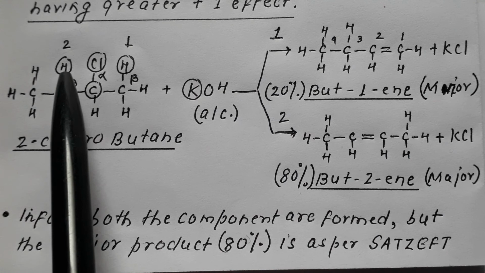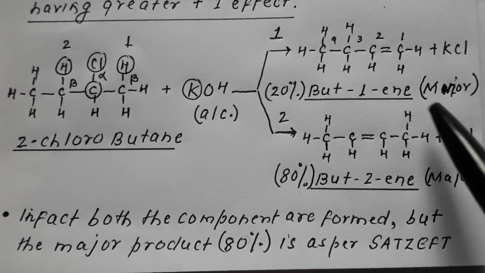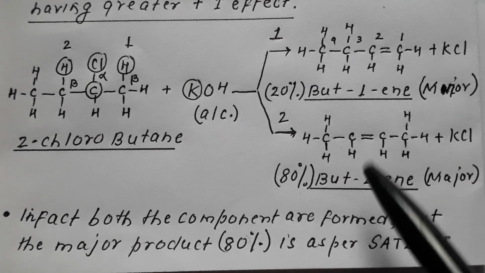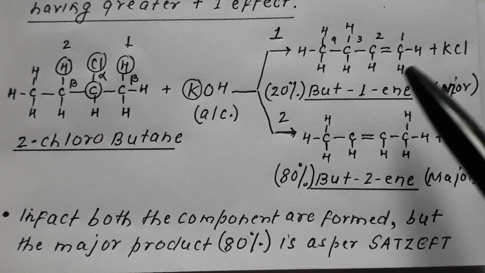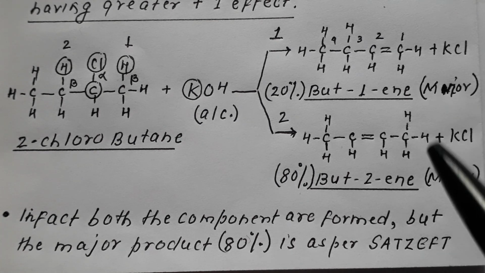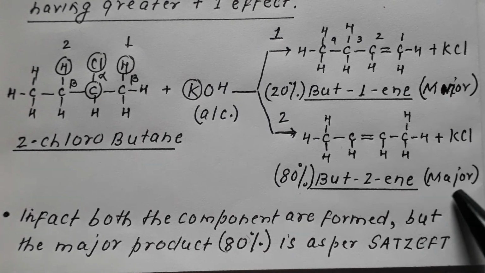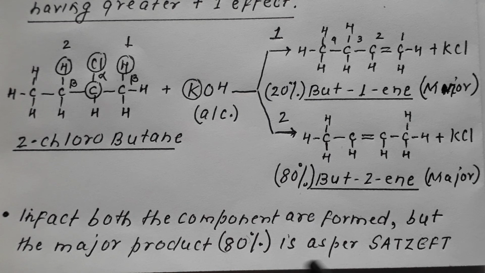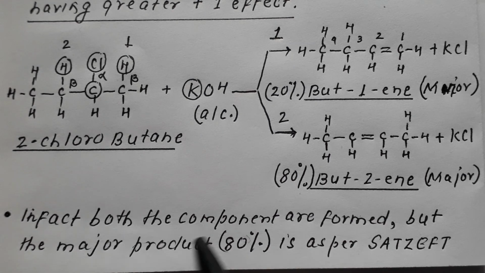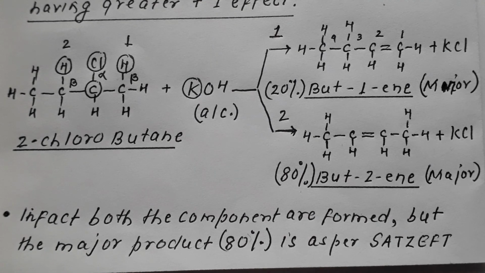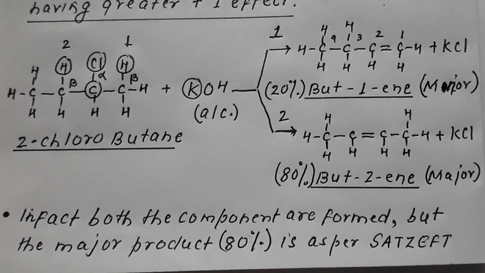If this goes, it would be but-2-ene. The practical observation is that both would be formed, of which one would be minor and the other major, and the major product follows the Saytzeff rule. So this is how dehydrohalogenation operates.